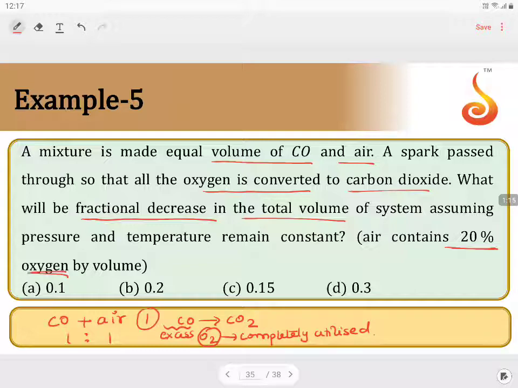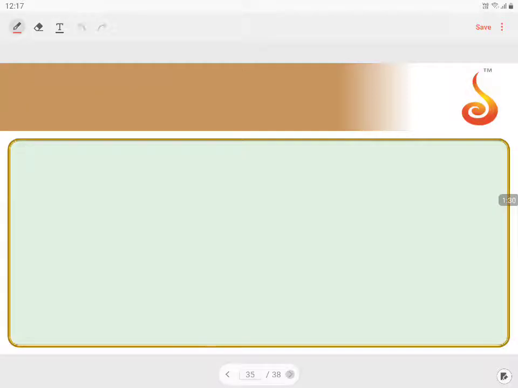Second, we are finding the fractional decrease in the total volume of the system. We have to find the decrease in the volume. Corresponding to that, air contains only 20% oxygen. This is the data which is given. Let us go with this particular data, children. CO, carbon monoxide, reacts with half mole of oxygen to give carbon dioxide.